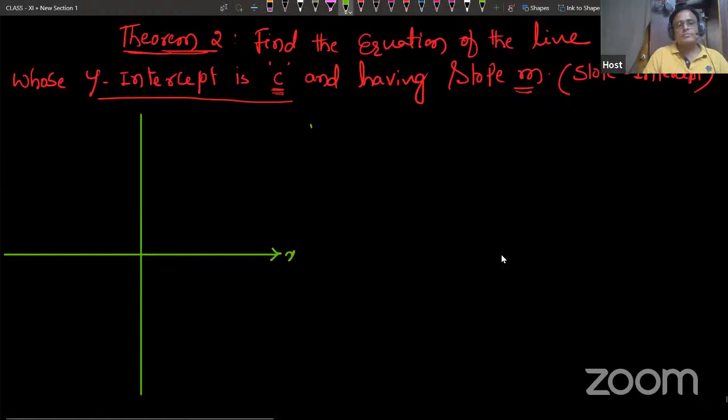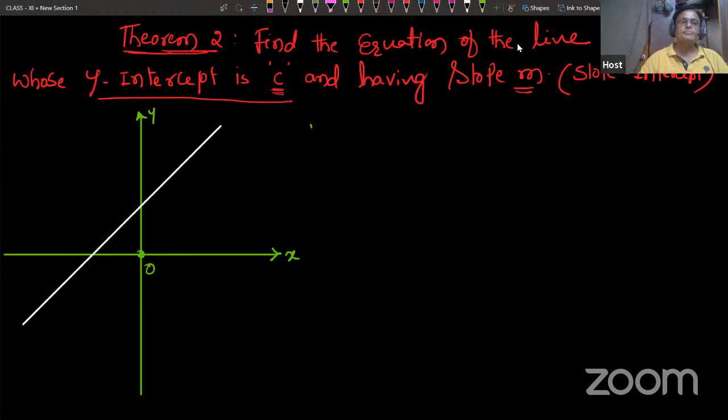This is the x-axis and y-axis, and this is the origin. Now draw a line, which is the line we are going to calculate. I'm drawing it with white color. Just try to understand what he has given here. So this is the line.